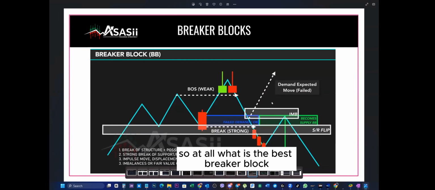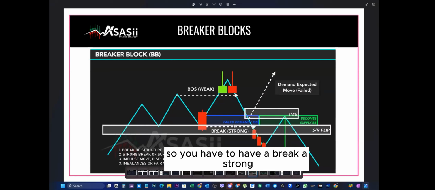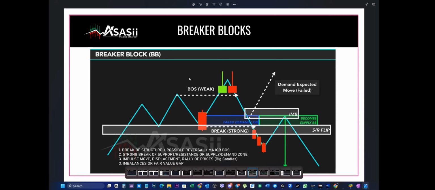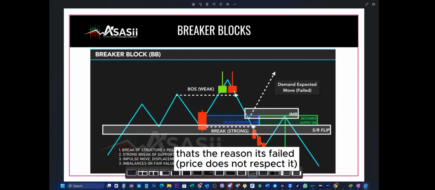So, eto. What is the best breaker block? So, breaker block, first, you should have a breakup structure plus possible reversal. So, you have to have a strong breakup structure here or the major breakup structure. Yung breakup structure dito is a weak one. Kaya nga siya nag-failed eh.